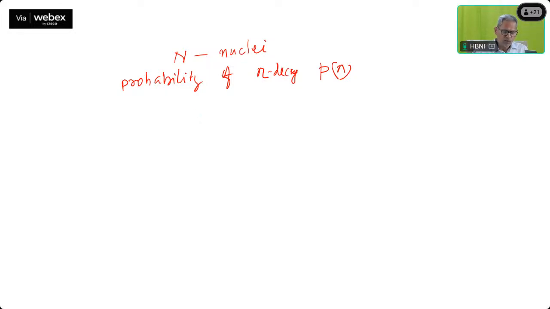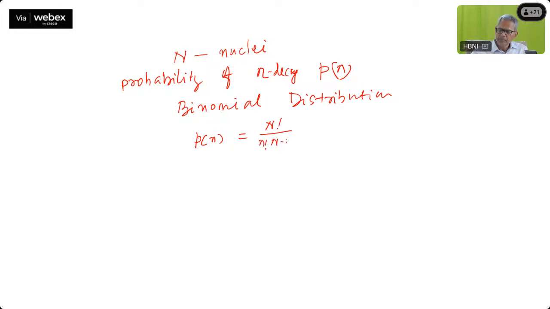This can be calculated using what is known as the binomial distribution. P_n equals N factorial over n factorial (N minus n) factorial, times p to the n, times (1 minus p) to the N minus n.